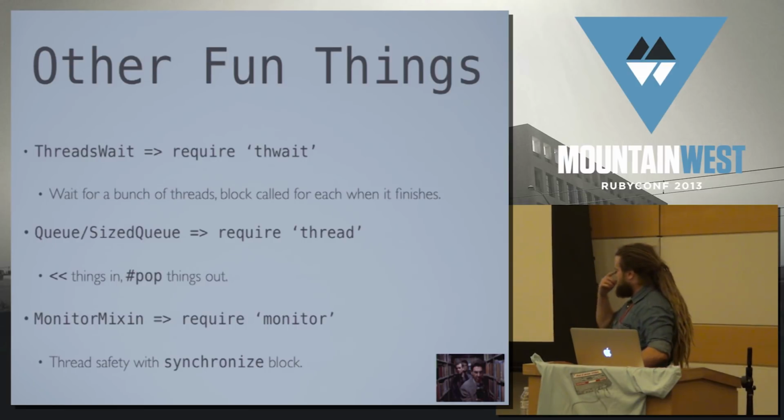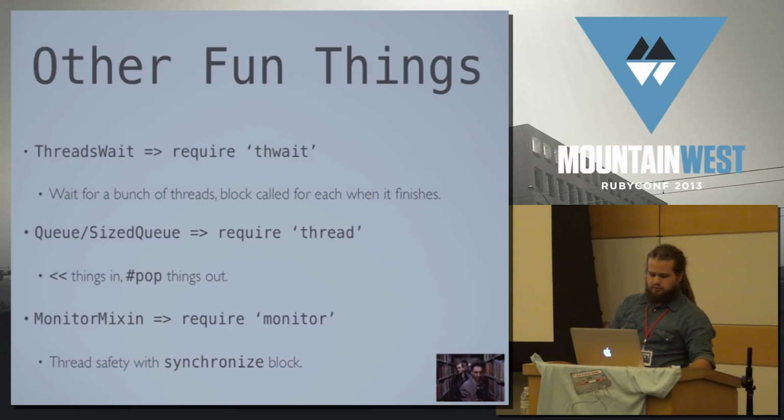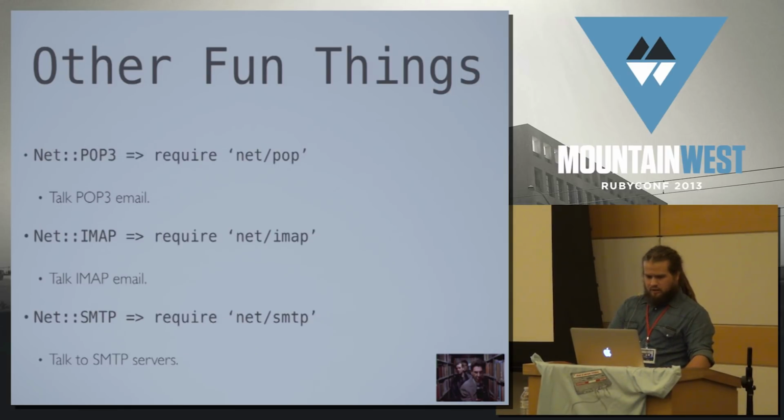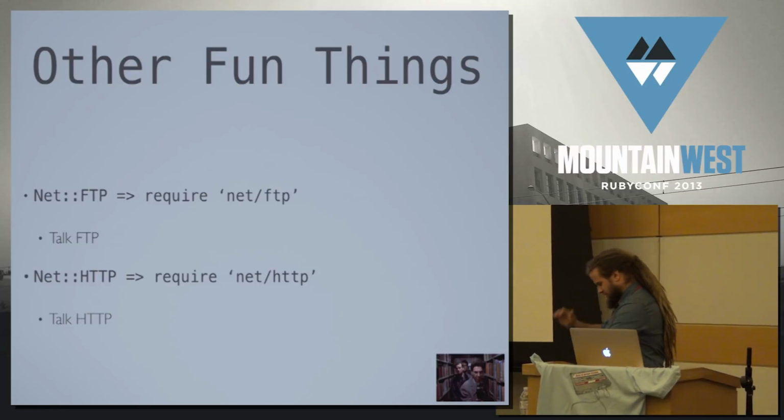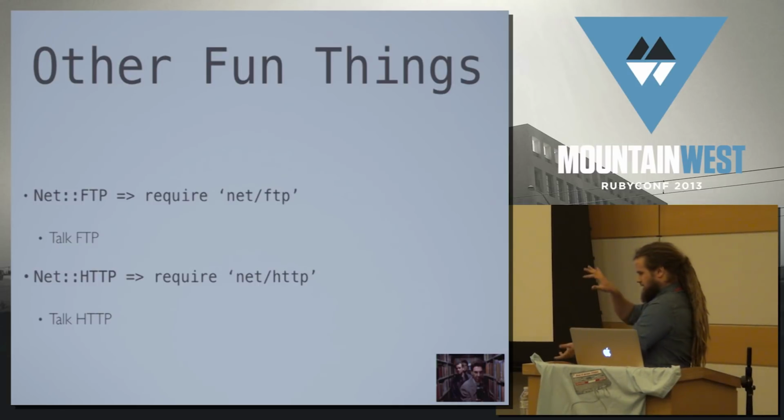With the Monitor mixin, you get a synchronize method that takes a block, so you can make your own data structures thread-safe. Of course, there's the net packages, so we can talk email, we can talk FTP, and we can talk in some weird dialect HTTP. If you follow one specific incantation, it works not too bad.